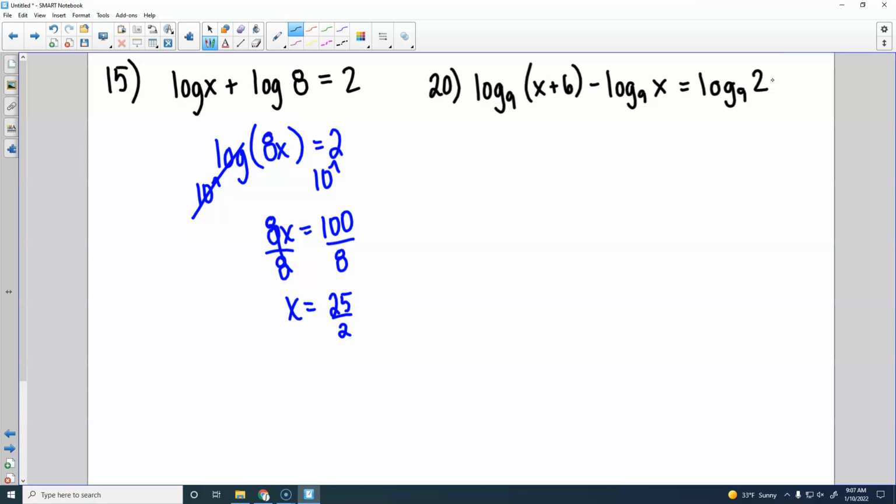So it might be tempting here just to drop the logs because they're all the same, but you cannot do that because of this minus sign right here between the two logs. So we're going to have to do like we did on the last problem. We're going to have to combine those two logs. Grace, how could we combine those two logs if we've got a minus sign in between them? Good. So we will have log base 9 of x plus 6 over x. And that will equal log base 9 of 2.